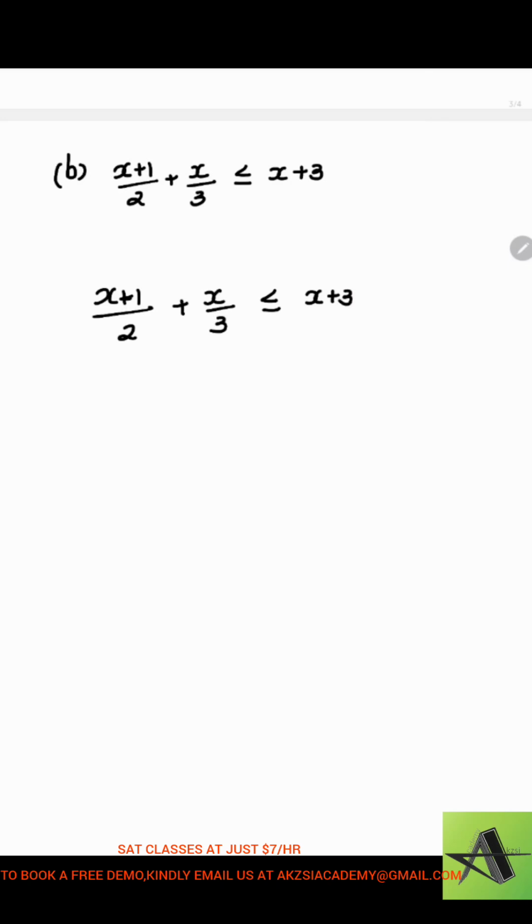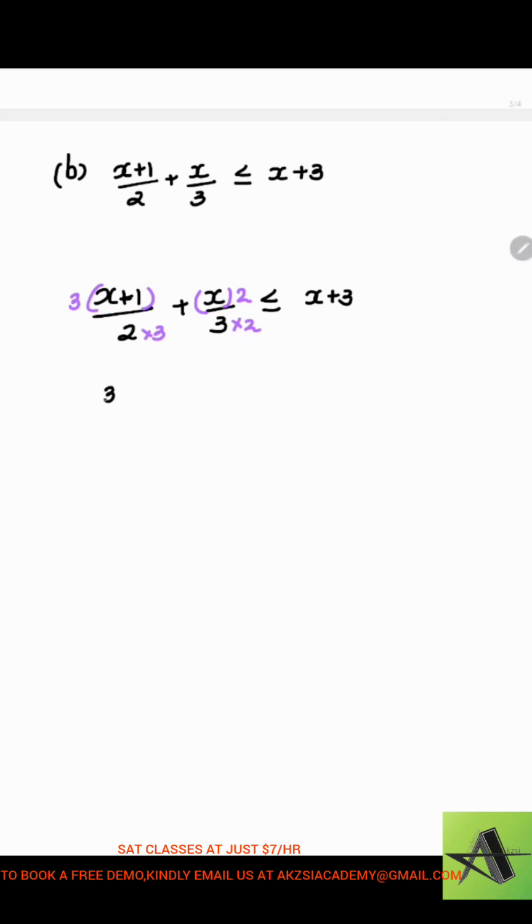So in order to make the denominators the same, I have to multiply the first fraction with 3, and similarly multiply the second with 2. I'm not touching the right hand side. There is no sense of doing it as of now.